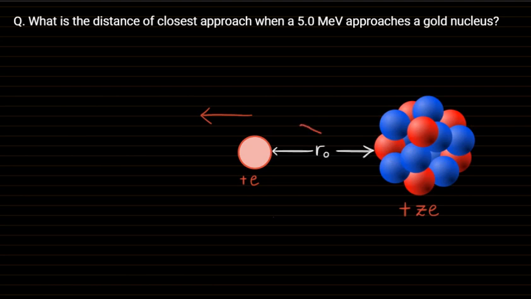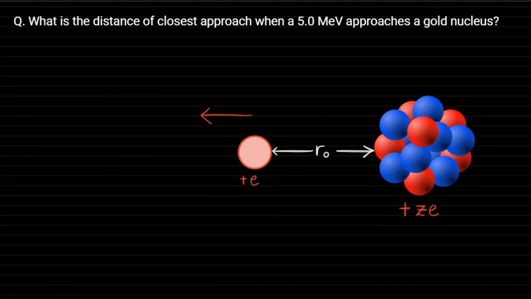So this r0 represents the distance of the closest approach. That means the closest this incident particle can get to the nucleus. Fine. And then what will happen due to the electrostatic or Coulombic force, or due to the potential created because of this nucleus? It will push the particle to the other direction.